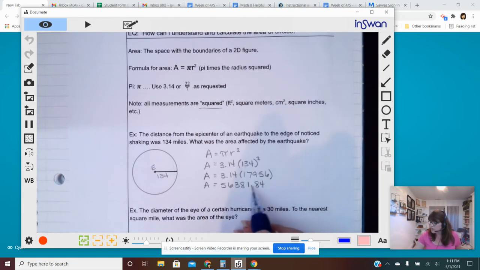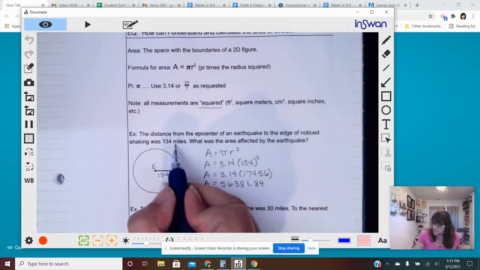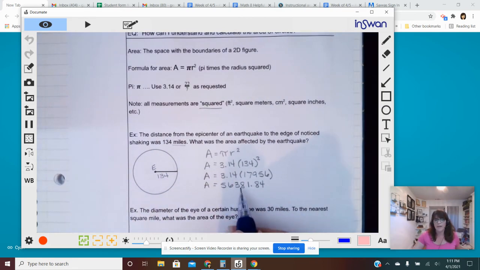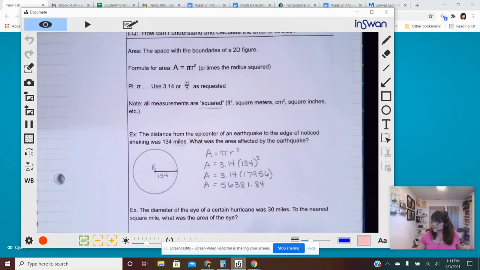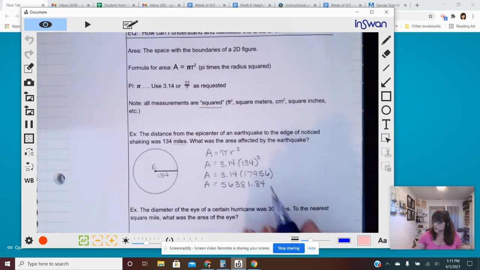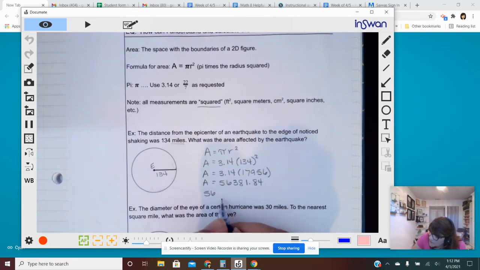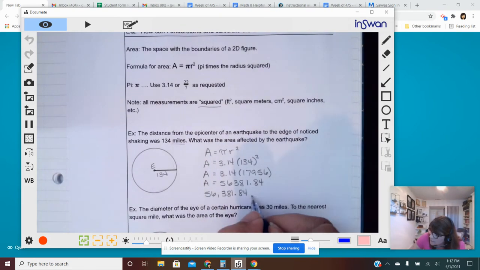Typically, you could leave it here in the hundredths place. You could round it to the nearest mile because we're dealing with miles. This is where we start to look at what the directions say. But because I wasn't given anything and it's not a giant decimal, I'm going to say 56,381.84 square miles.